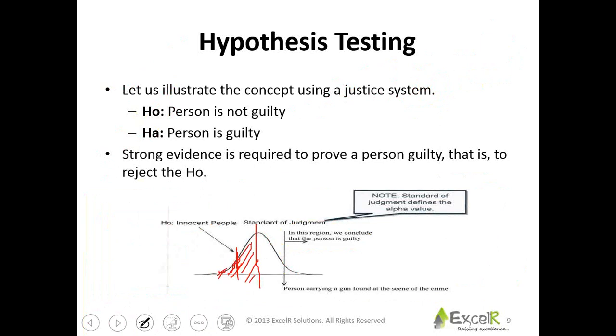He'll say, Judge, this person was carrying a gun and he came out of the flat in which the murder has happened. Okay, now the evidence is very, very strong, right? So we have found evidence that this person has actually come out of the flat in which the murder has happened. That is the p-value.